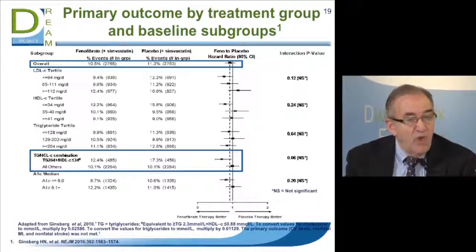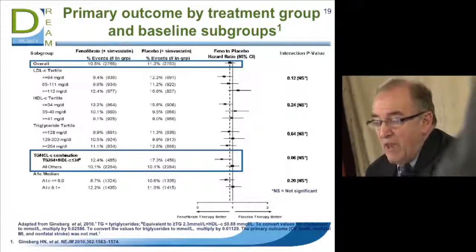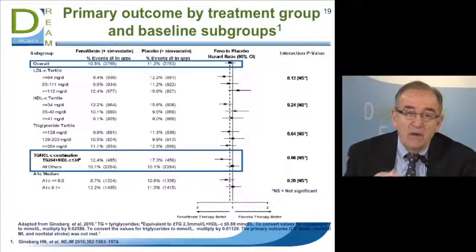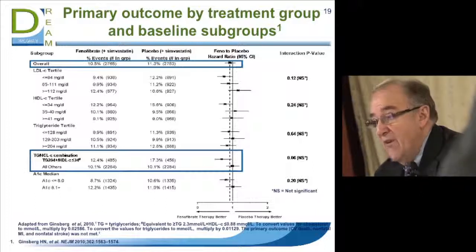When we looked across the lipid levels of LDL, of HDL, of triglyceride, what emerged from this analysis was that those patients, about 17% of the patients in the trial, with a high triglyceride in the upper third or a low HDL in the lower third, that combination did have benefit of about a 30% reduction in events compared to the placebo group.